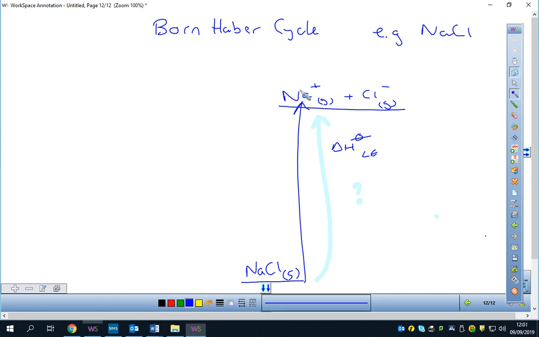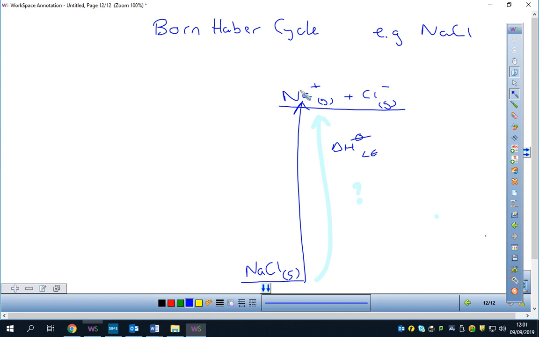A change that we became familiar with last year was the enthalpy of formation. The enthalpy of formation is the enthalpy change when 1 mole of an ionic compound is formed from its elements in their standard state.